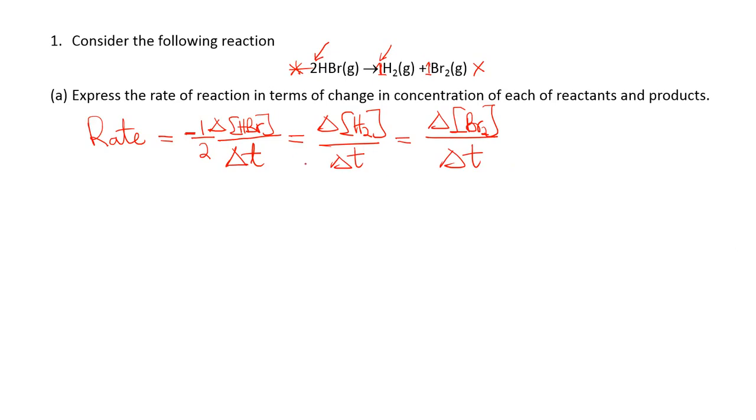If you look at the hydrogen and bromine, we have a positive in front of them because they are products.